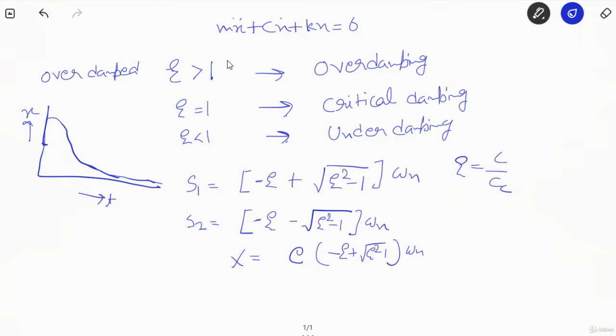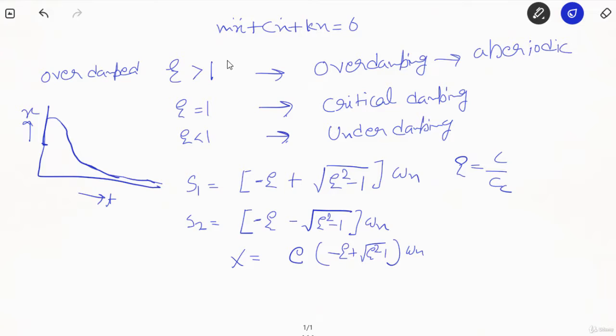Now, theoretically, as I said, the system will take infinite time, but ultimately it will come to rest in a finite time at the equilibrium position when it is disturbed from its original position. So this sort of motion is categorized as aperiodic motion, right?